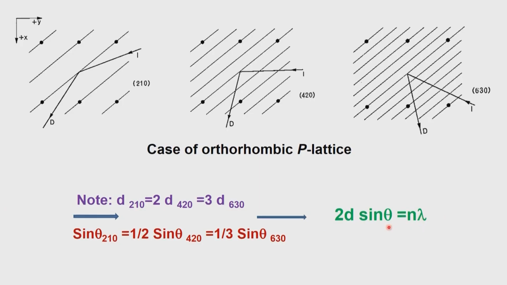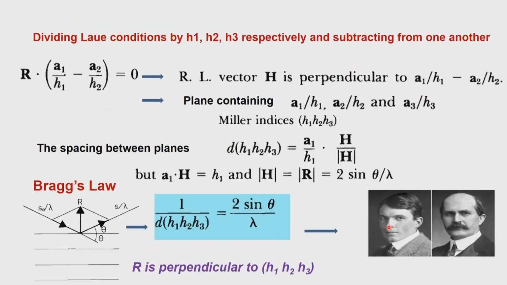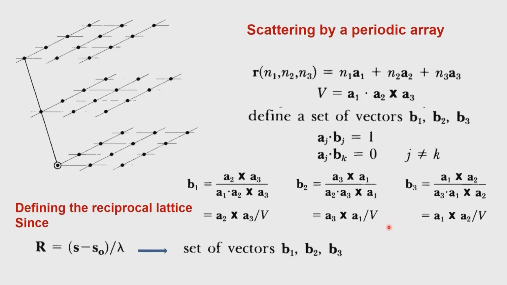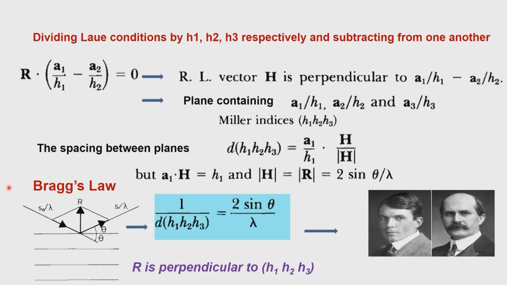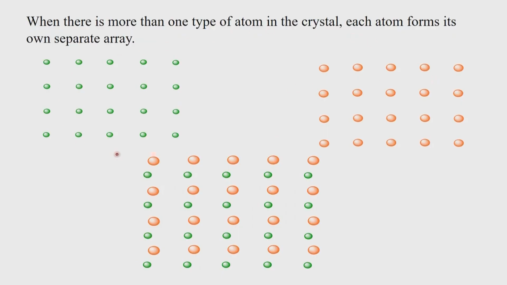So, essentially, just a quick revision of what we did until now. We started with the scattering from a periodic array, and then we derived the expression using the Laue conditions, and having done the Laue conditions we derived Bragg's law. Having done Bragg's law, we tried to understand diffraction as a reflection from a plane, and then we identified that the scattering is coming from atoms and not from the planes, but the atoms are associated with the planes.